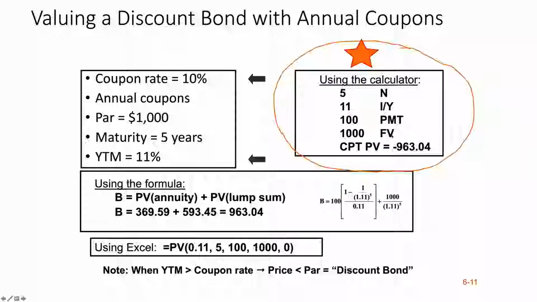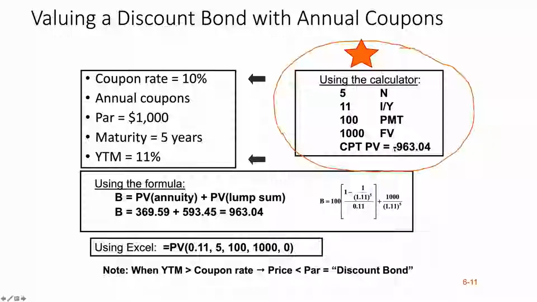Your 4 inputs are N, I, PMT, and FV. You want to calculate the present value. Then the financial calculator will compute the present value for you. The result is 963.04. It has a negative sign in front of it.